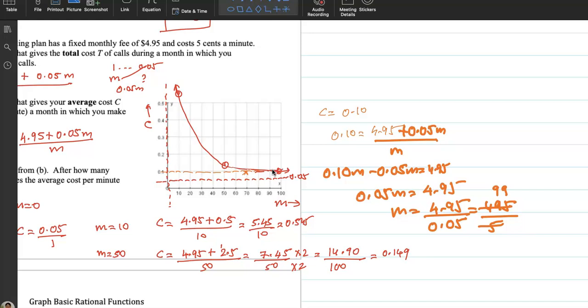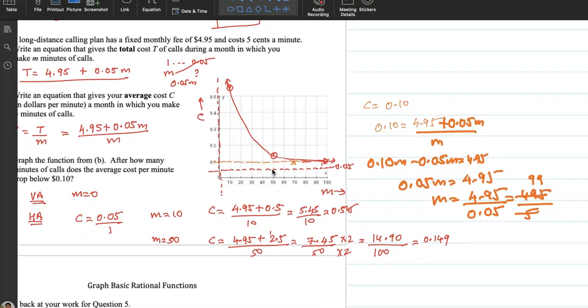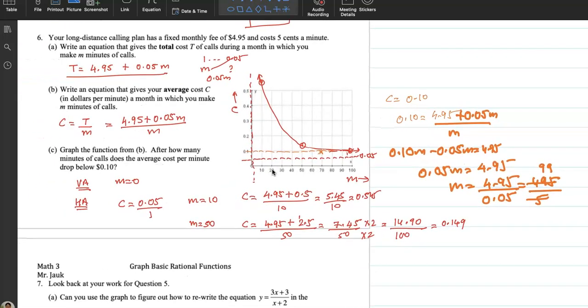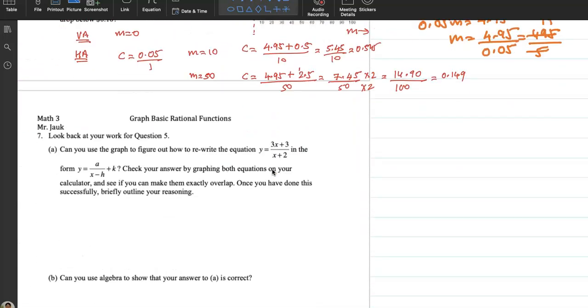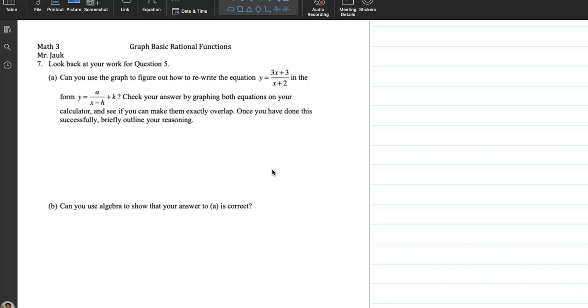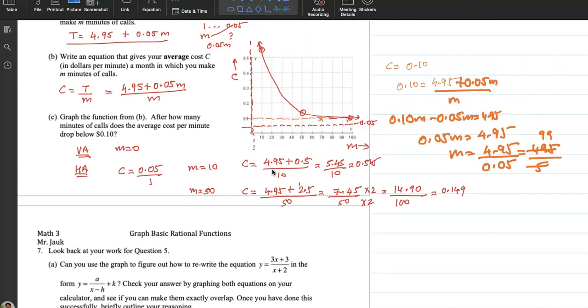Basically, if you make more than 99 calls, then the cost is below 0.10. Correct? Nice. That was question 6.